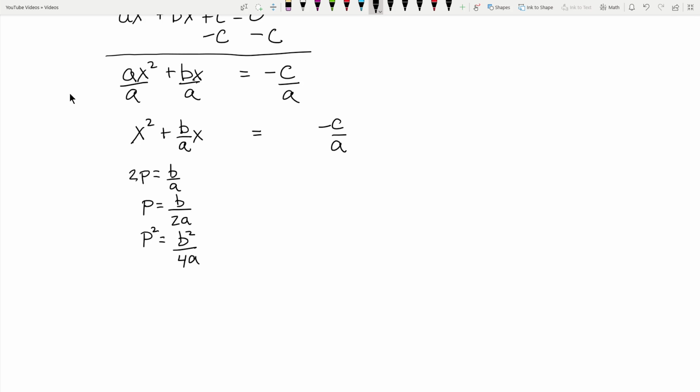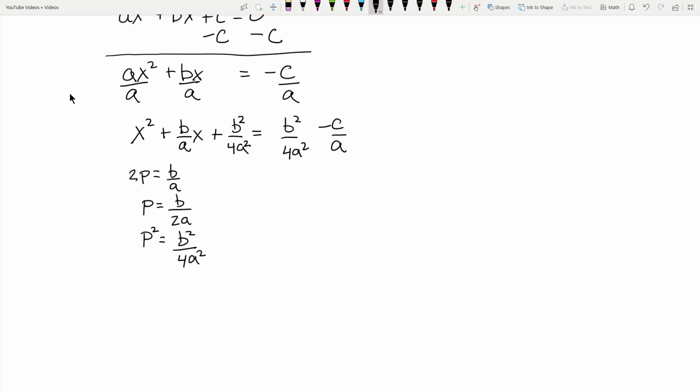I want to add that on the left, and I'm going to add that on the right. I forgot the a squared. There we go.